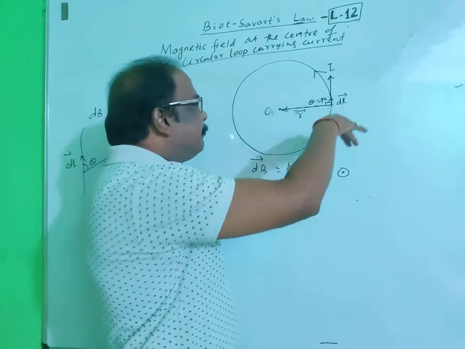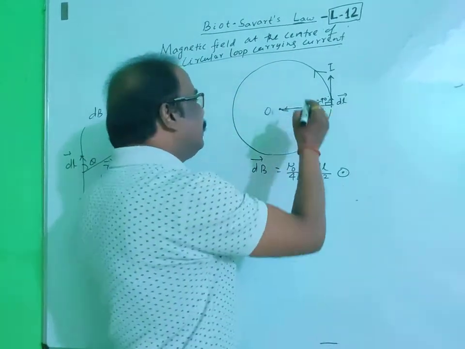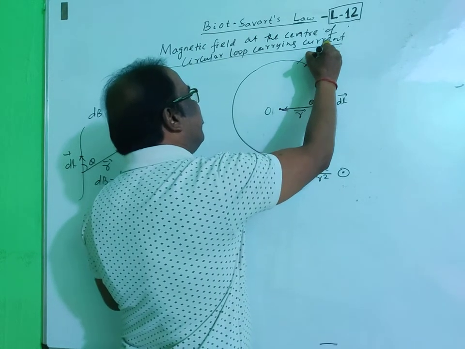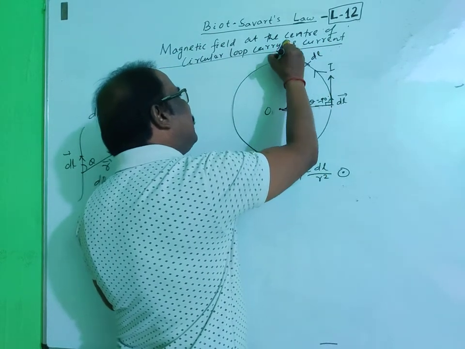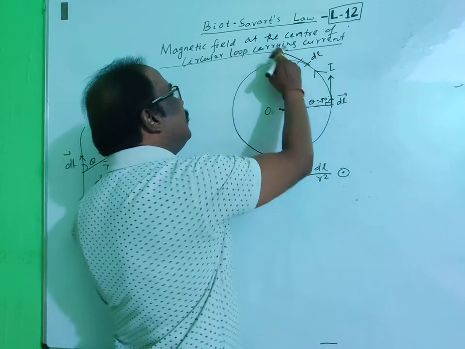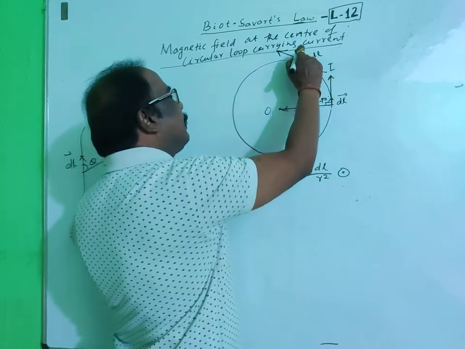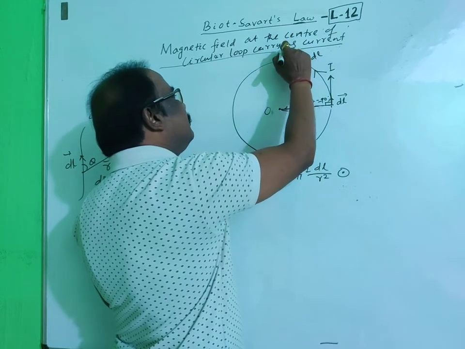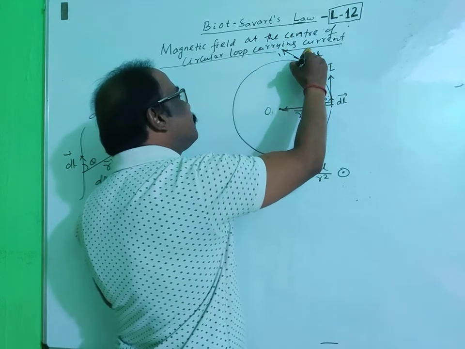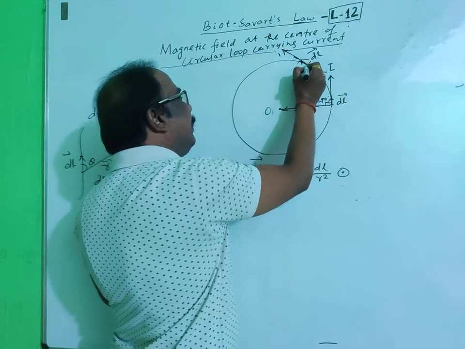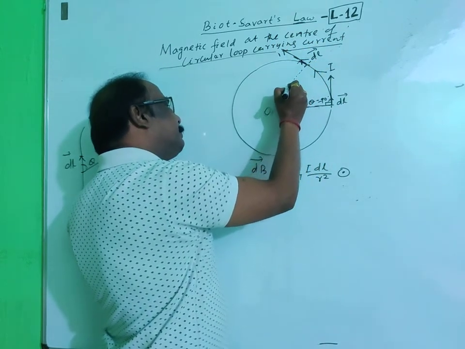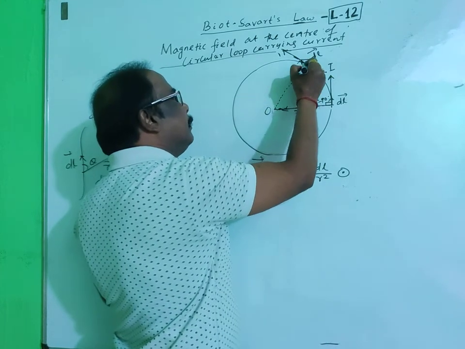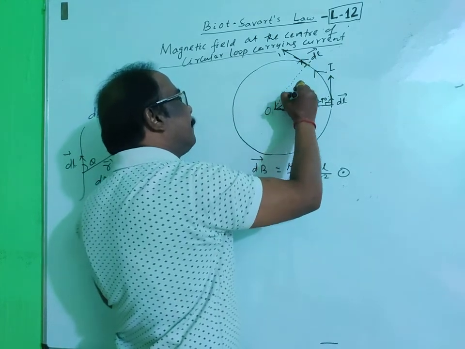Similarly, you may take a number of elemental parts dl; just take here dl. The direction of dl is along the direction of flow of current, and the direction of current at this point can be determined by drawing a tangent. This is the direction of current, so this is the direction of dl. Again, join to the center, then this is r.